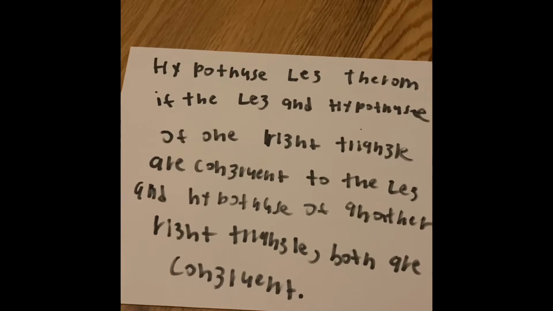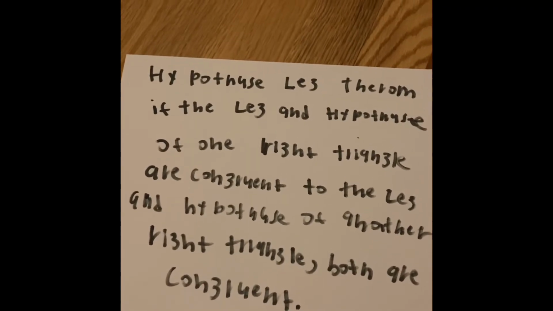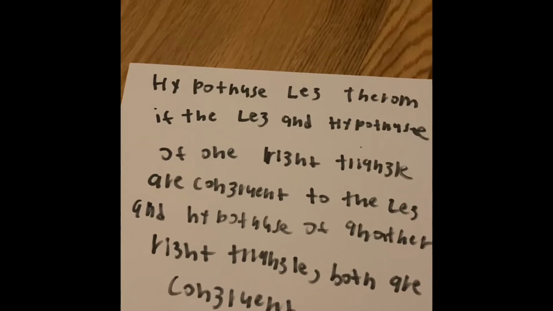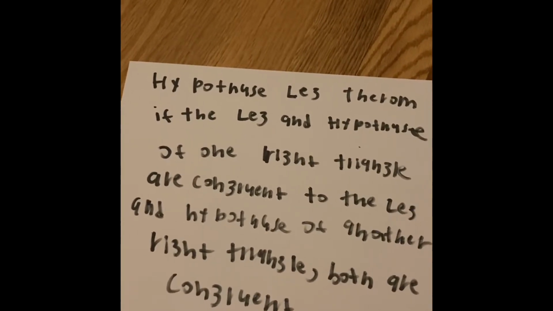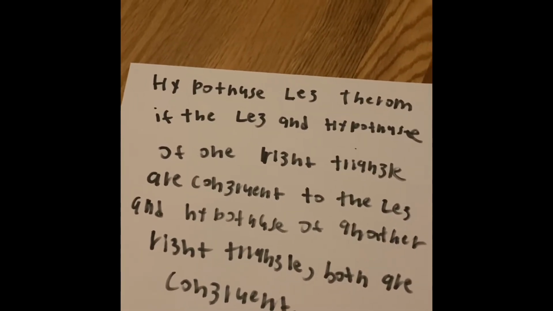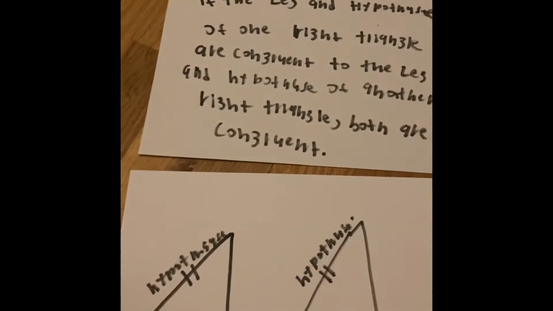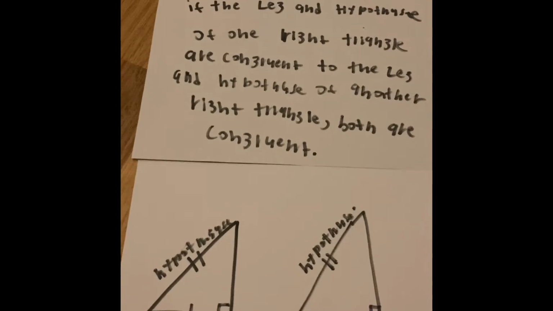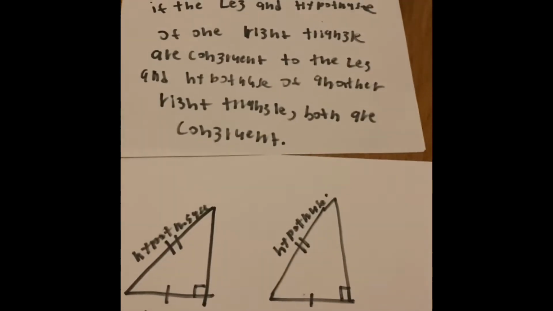If the leg and the hypotenuse of one triangle are congruent to the leg and the hypotenuse of the other triangle, that is right, both have to be congruent. So let's use diagrams to understand this a little bit better, because sometimes pictures speak louder than words.